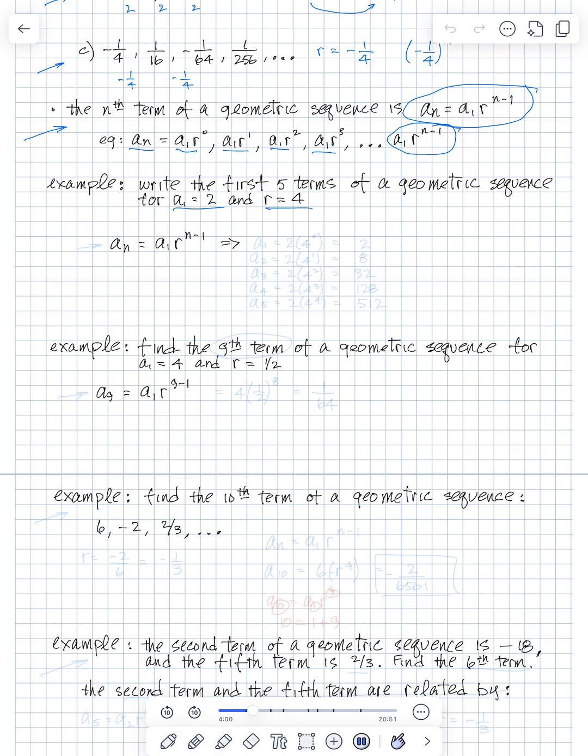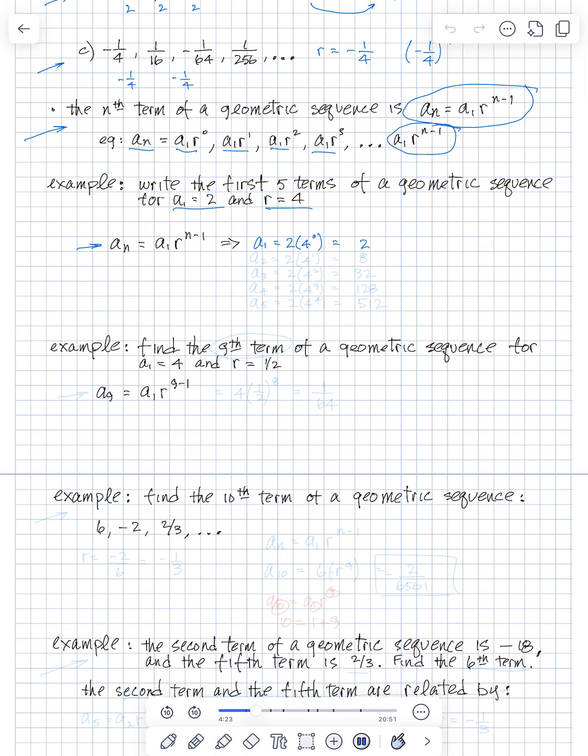So our formula, a sub n is a1 r to the n minus 1, so we can write out a1 is equal to 2 times 4 to the 0.